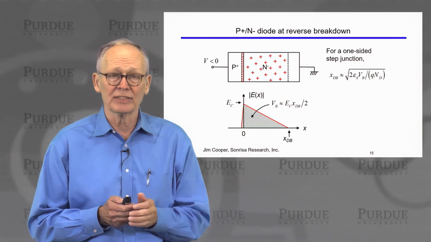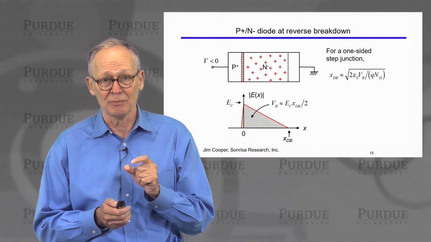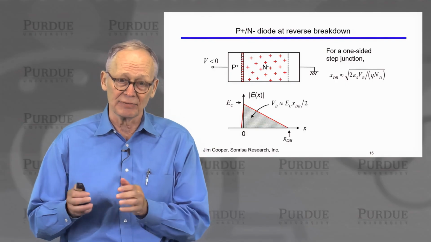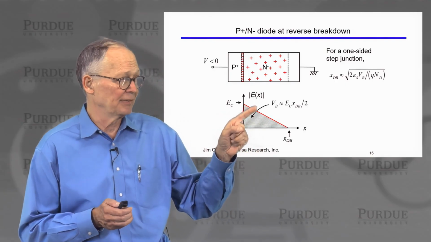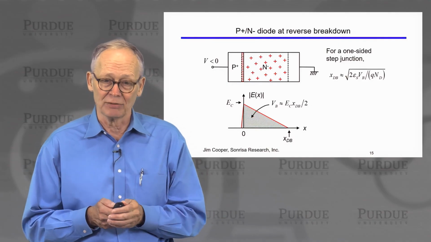The peak electric field is going to be the critical field for avalanche breakdown, a material specific parameter that will be different for every semiconductor. We're going to bias this to a voltage at which the peak field reaches the critical field for avalanche breakdown. That'll be our breakdown voltage.